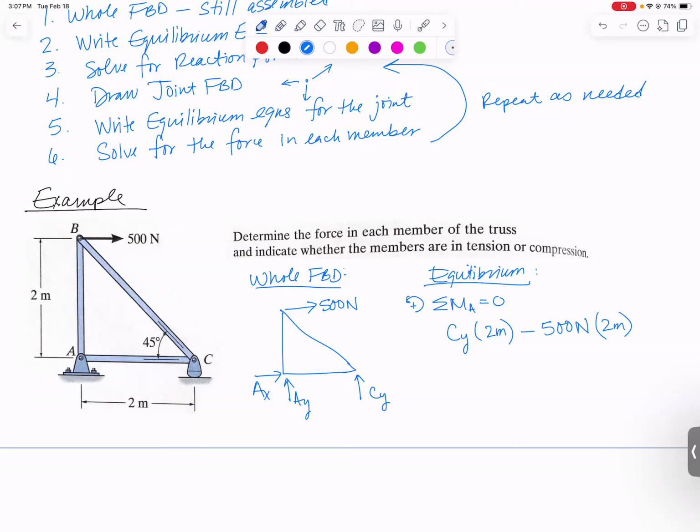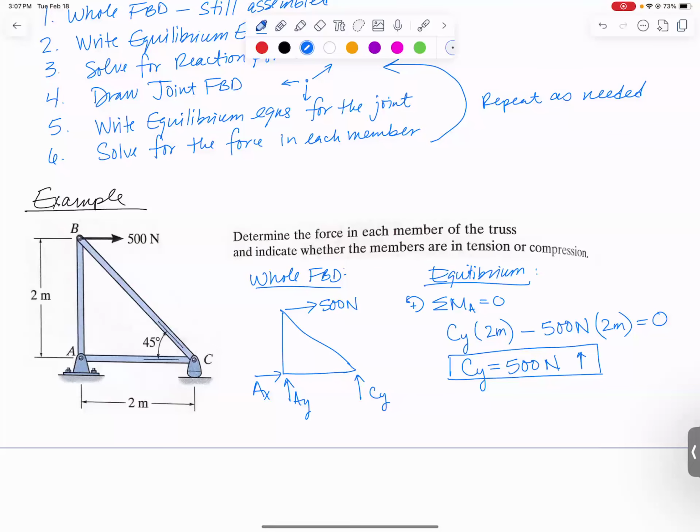I have a 500 Newton force 2 meters away. That perpendicular distance is also 2 meters, and it's causing a clockwise moment, so I will call that negative in my equation. And solving, I get that CY is exactly 500 newtons. It comes out positive, which means it does in fact act upward like I guessed.